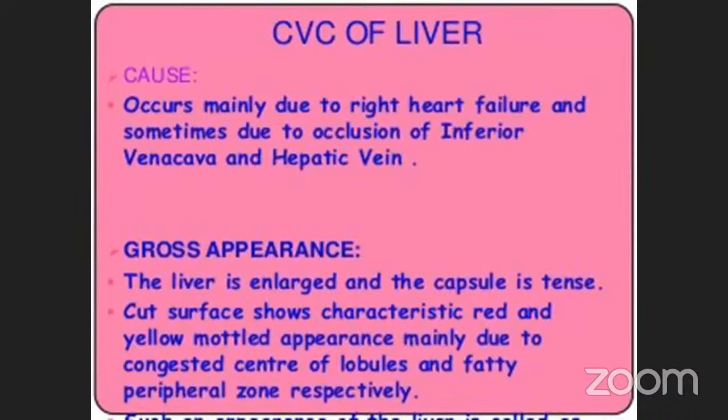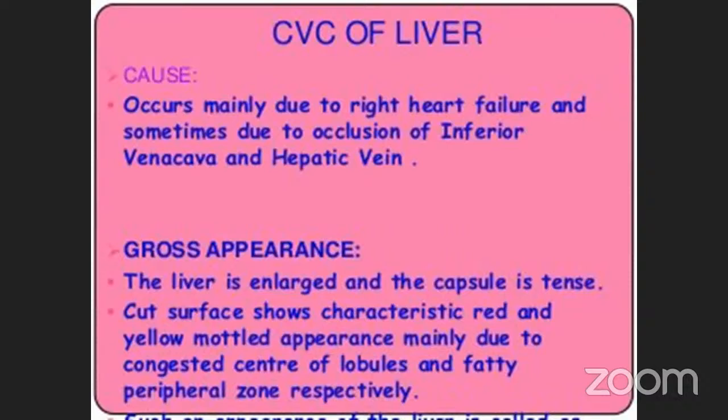The peripheral area of the lobule suffers less because blood is going from the periphery toward the center, but there is always chronic hypoxia to the periphery. So around this central red area, the peripheral hypoxia causes fatty change in the peripheral zone, and fatty change is yellowish. So the liver parenchyma has red and yellow dots.